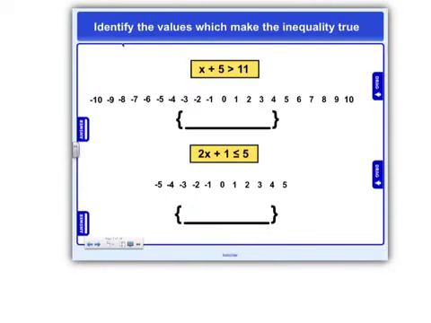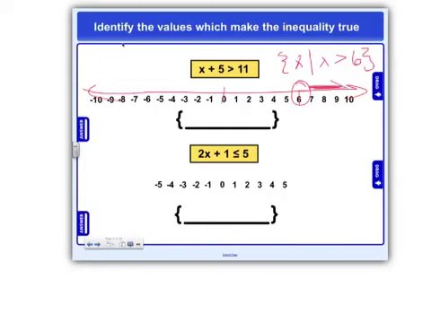So if you were to go ahead and give these a try, you would find that this would give you x is greater than 6, which would mean if you had a number line like so, here's your 6, and it'll be all things greater. On the second problem, you'd subtract 1 on both sides, so you'd have 2x is less than or equal to 4.